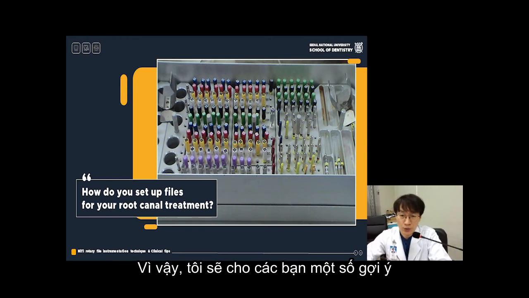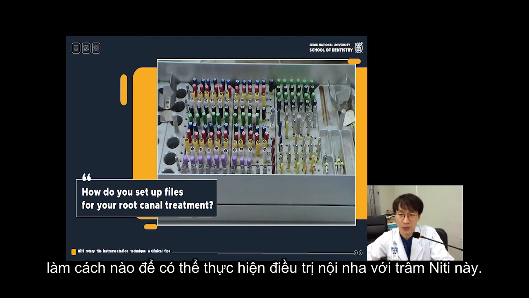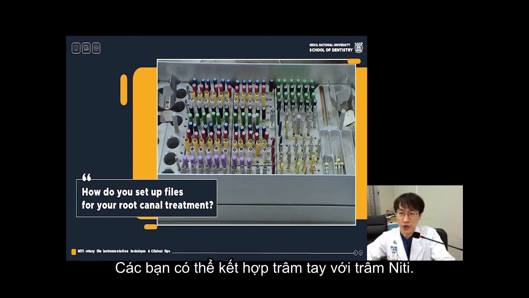So I'm going to give you an idea of how you can set up your root canal treatment with this nickel titanium file. You probably combine your hand file with your nickel titanium file.